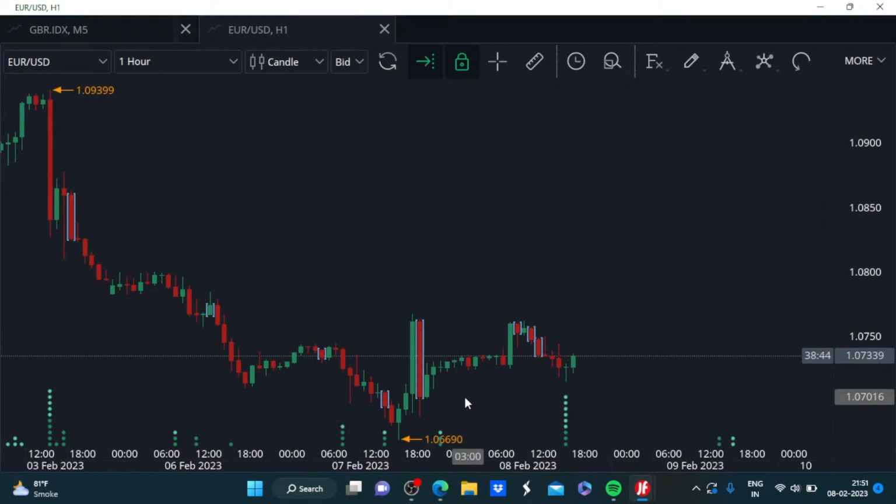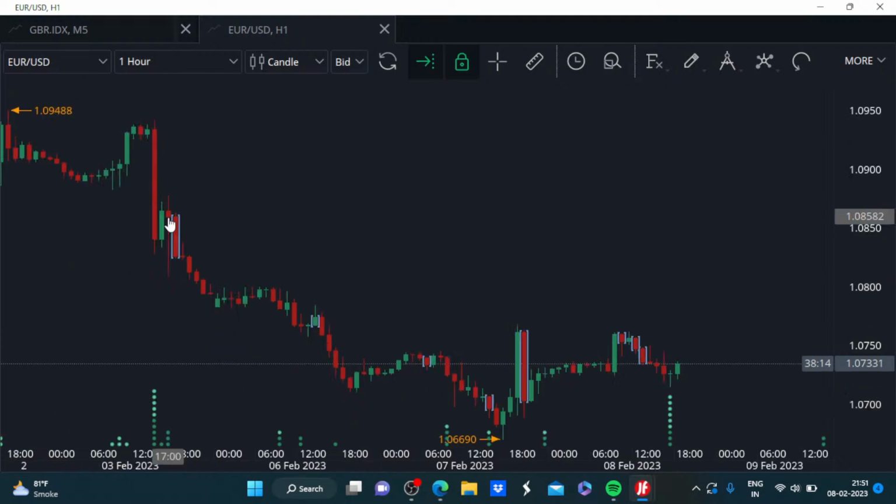Now let me give you an example of the bearish belt hold. For the bearish belt hold, we need the prior candle to have closed higher compared to the closing price of the second candle. It can be a green candle or a red candle, meaning it can have its closing price lower or greater than the opening price. It doesn't matter, but its real body should not be large.